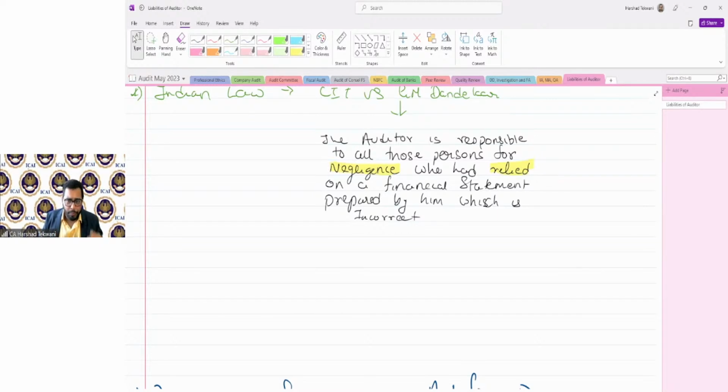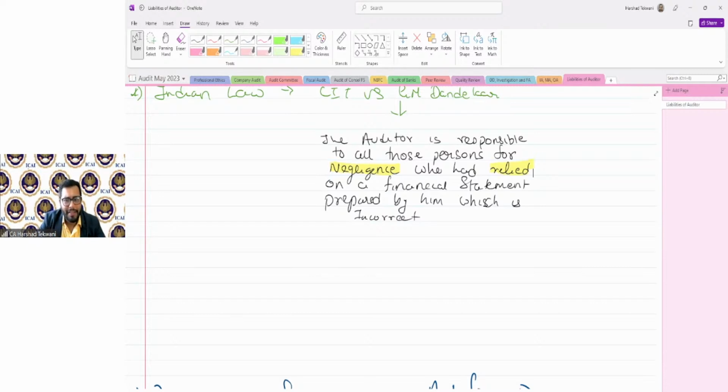It is necessary to prove that there is a deviation from the standard care that the auditor is required to have while discharging his duties or performing a particular engagement, let's say audit or any other assignment that he has to perform. So there should be a deviation from the standard of care where he was expected to exercise his duties, or that particular care in performance of his duties. So for example, someone expected me to exercise the standard care in this particular engagement.